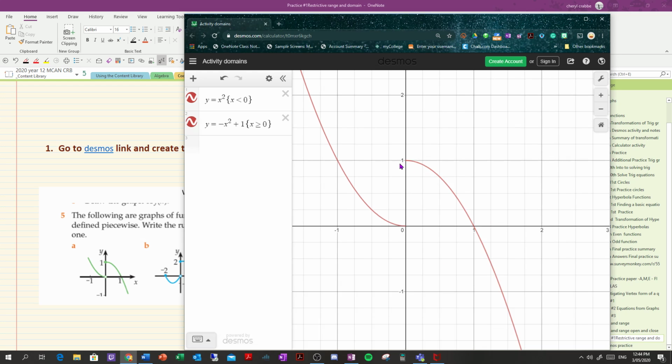You see, that's going to be a closed dot. That includes (0, 1). This one doesn't include (0, 0). Although it may show you the dot, oh, now it's going to show me the dot. That's interesting. Oh well.